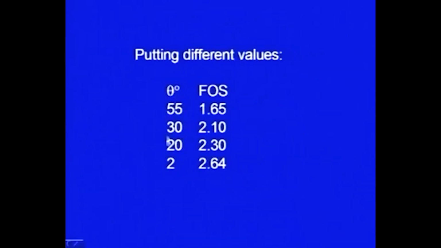I have calculated only a few values: 55, 30, 20 and 2. You can see at 55 the factor of safety is 1.65, and then it is 2.1, 2.3 and 2.64. So, as theta increases, if I go from downward to upward, the factor of safety is decreasing.